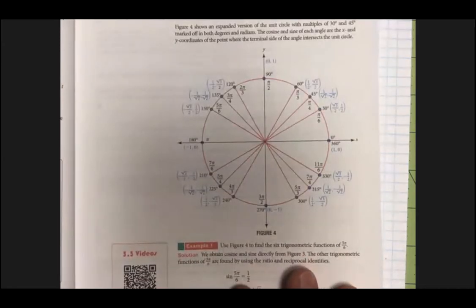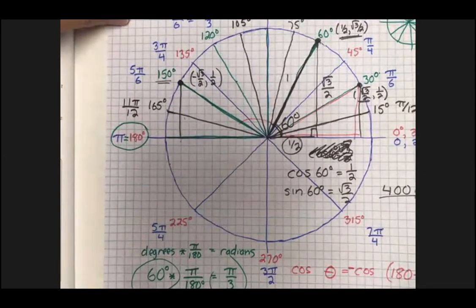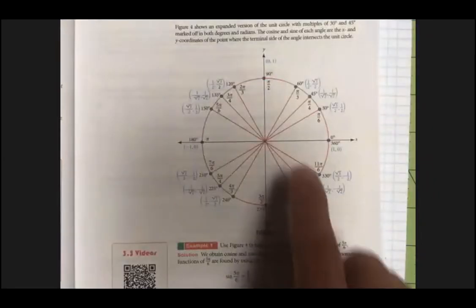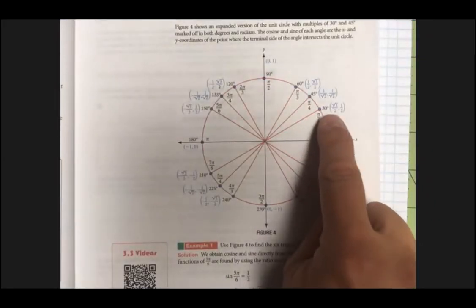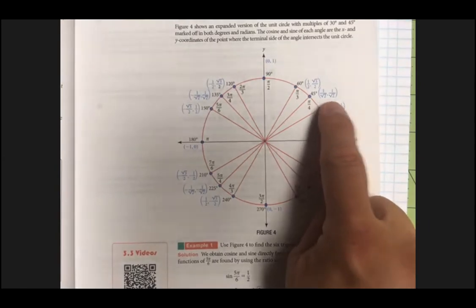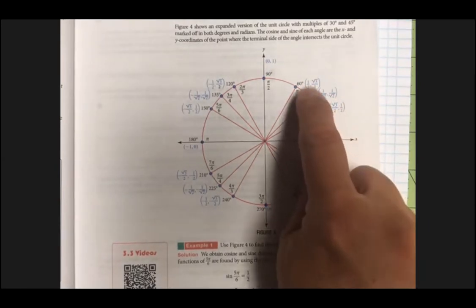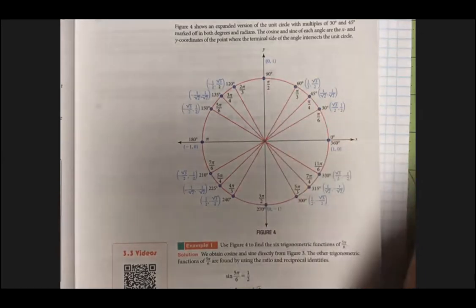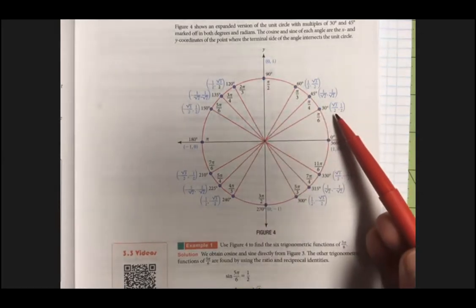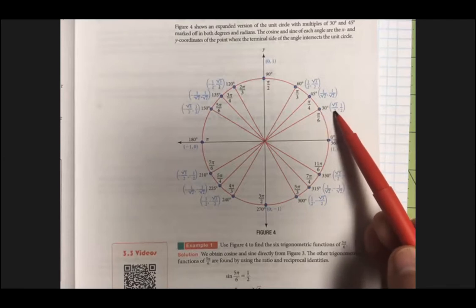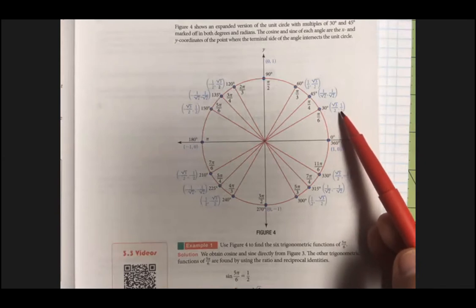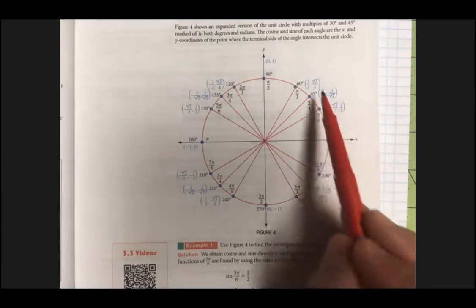And this is the exact same thing that we drew on Monday. This is the unit circle. And what he's trying to tell you here, he's trying to get you to memorize degrees and radians, 30 degrees, pi over 6, 60 degrees, pi over 3, 90 degrees, pi over 2. And he's also trying to plant in your mind that the name of that point, root 3 over 2, 1/2, is the cosine and the sine, cosine x coordinate, sine y coordinate of the angle.